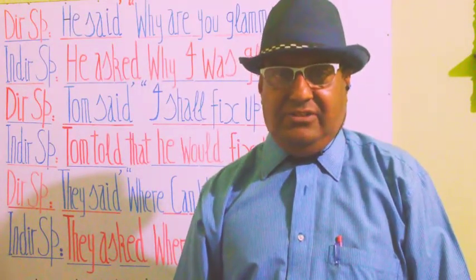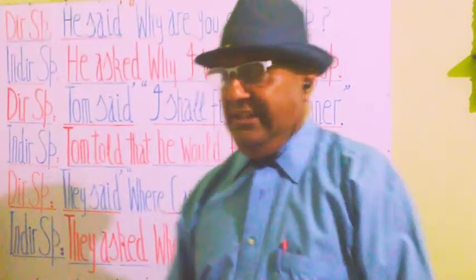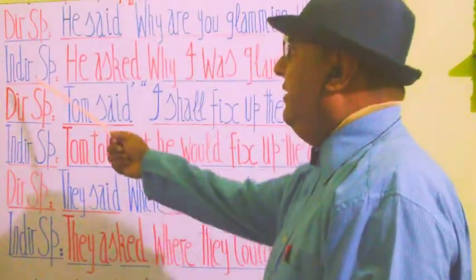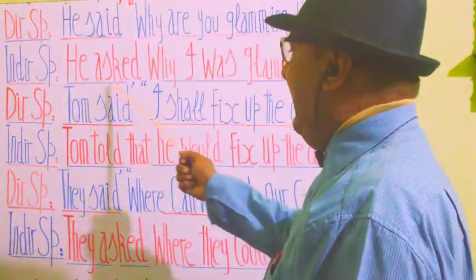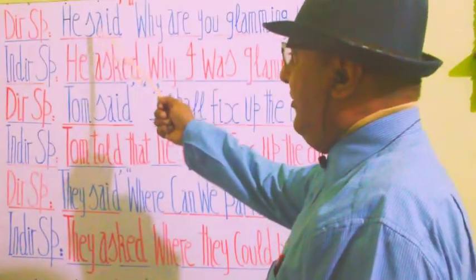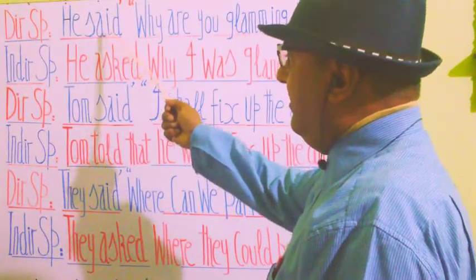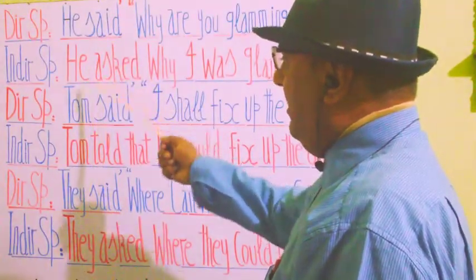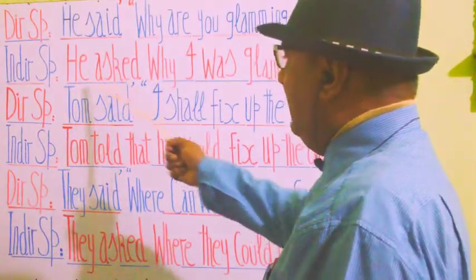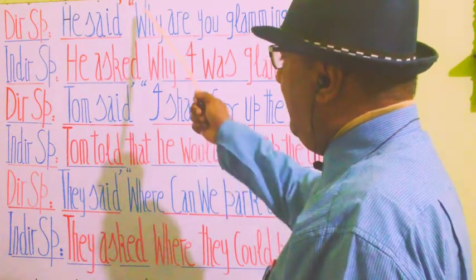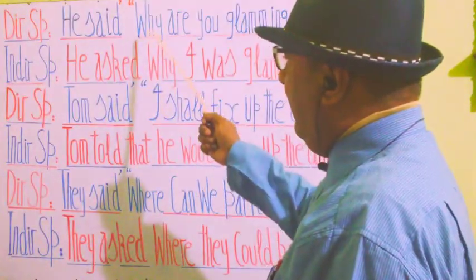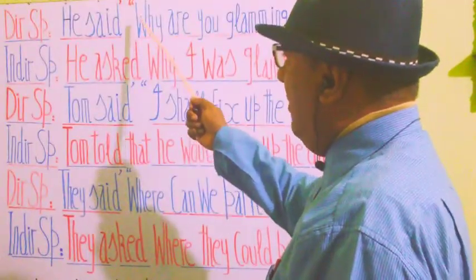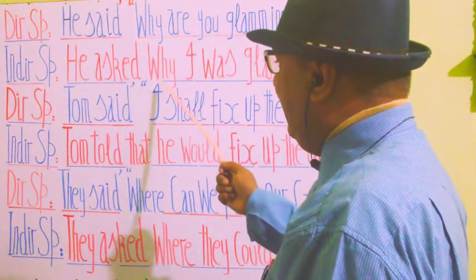Now it's going to change into indirect speech. You see, indirect speech is here. He asked. The first part, he said, is replaced by asked, which is a synonym of that. Now I go to the commas. Commas are removed, and as rules allow, we can write why as it is.